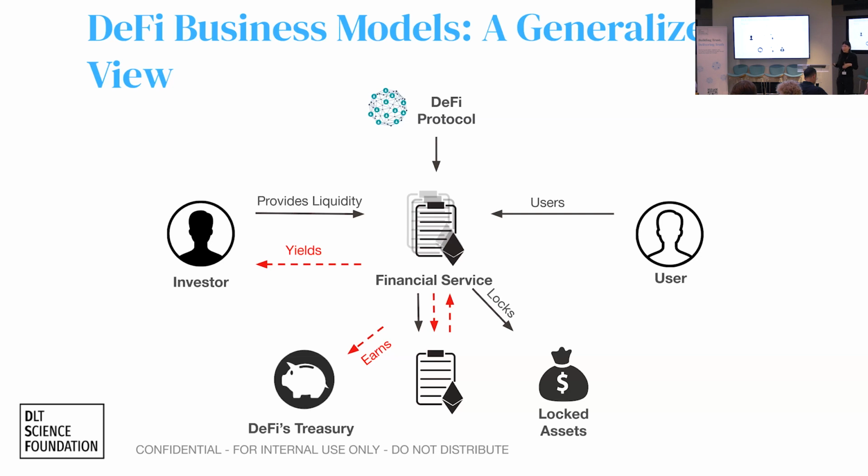We say that the DeFi world is kind of disintermediated, that we don't have any third party, but in this sense, you still have an intermediary. Strictly speaking, the intermediary here would be the smart contract. The smart contract mediates between the supply side and the demand side of the DeFi ecosystem.